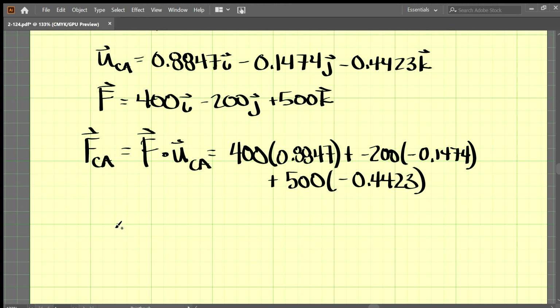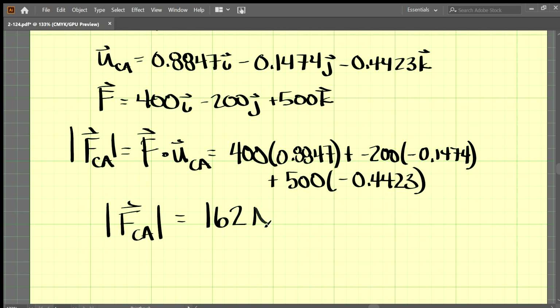Remember that in a scalar product we input two vectors and just get a single value out of it. So the force directed along CA, and I must be careful here because we're talking about the magnitude, not a vector, comes out to 162 newtons. And that's our answer to problem 2-124.